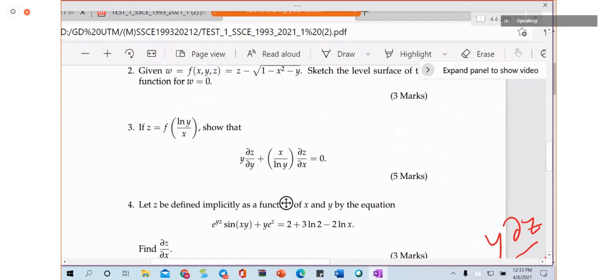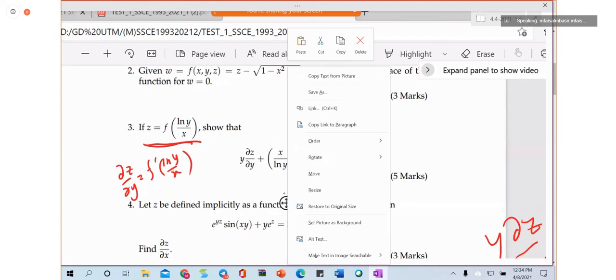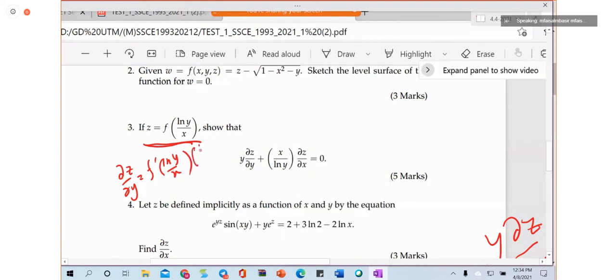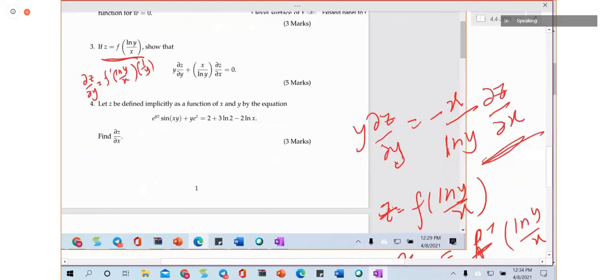Del z del y. This is the chain rule. Differentiate first, just copy back. Differentiate inside. Del z del y: x is a constant, so you just differentiate ln y. Ln y is 1 over y, right? Is it okay now?